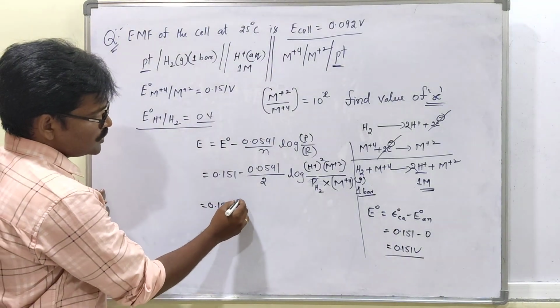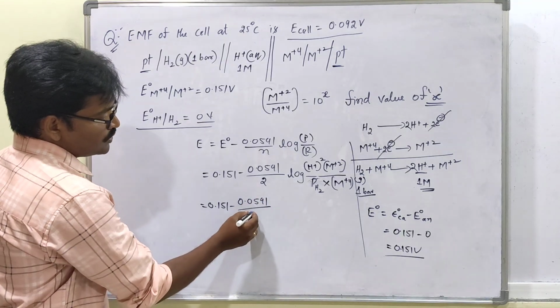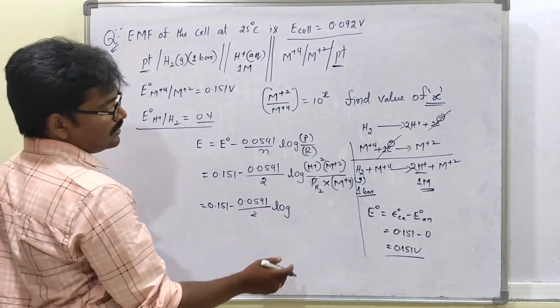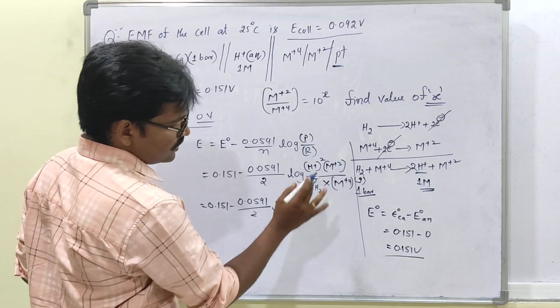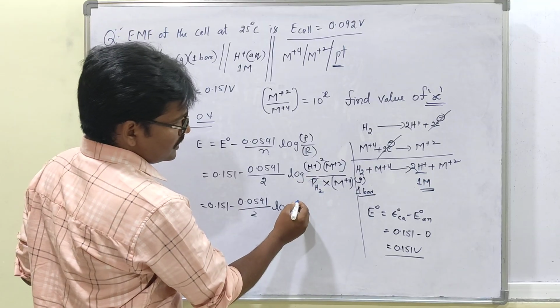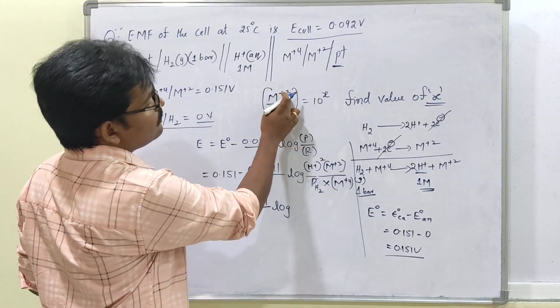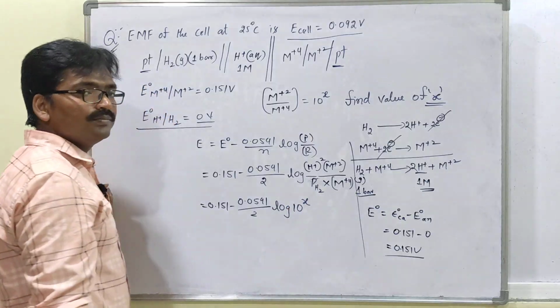Then next, don't confuse, 0.151 volts minus 0.0591 divided by 2, then log. Here this is 1, then 1 squared is 1, then this is also 1, so 1 cancels. Then what will be there here? M plus 2 concentration divided by M plus 4 concentration. M plus 2 divided by M plus 4, how much is that? 10 to the power of x will be there.